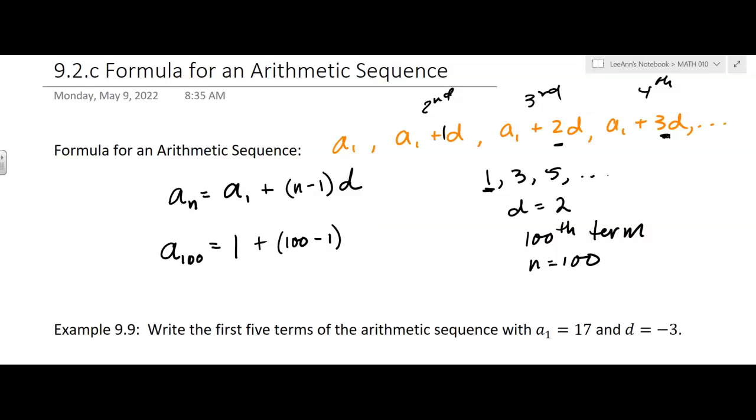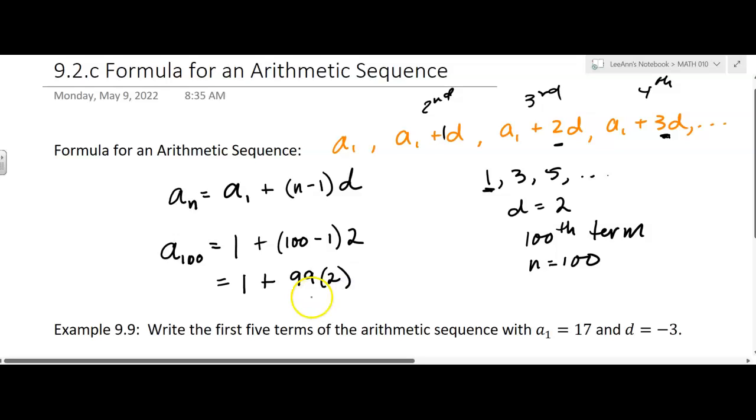All right, let me put the 2 in there. So now I can say the 100th term is going to be 1 plus 99 times 2, which is what? 198 plus 1, which is 199. It's got to be an odd number, right? All right, let me double check my math, but I'm pretty sure that's right.